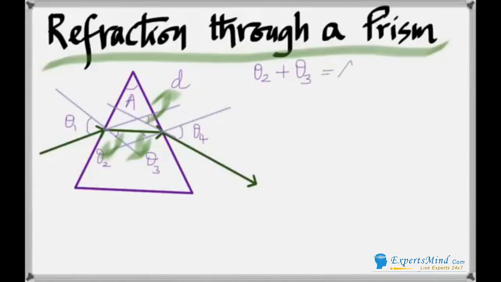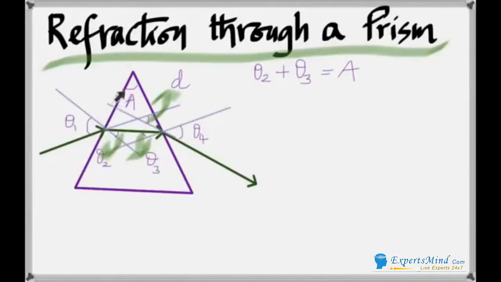I'm going to say theta 2 plus theta 3 is A. And somebody tell me why. Look at the figure that I'm showing you now.